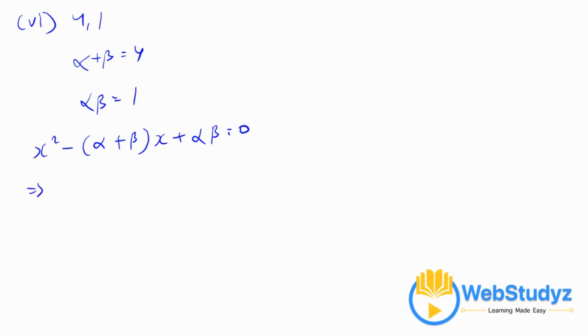Putting values, we get x square minus 4 into x plus 1 equals 0. So the quadratic polynomial will be x square minus 4x plus 1 equals 0.